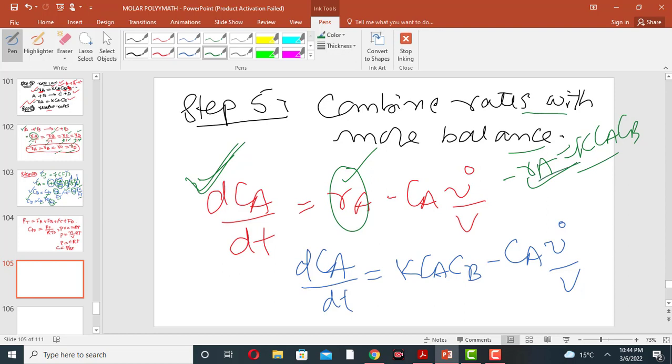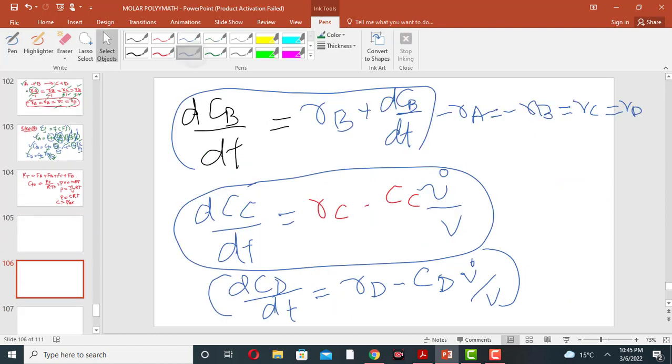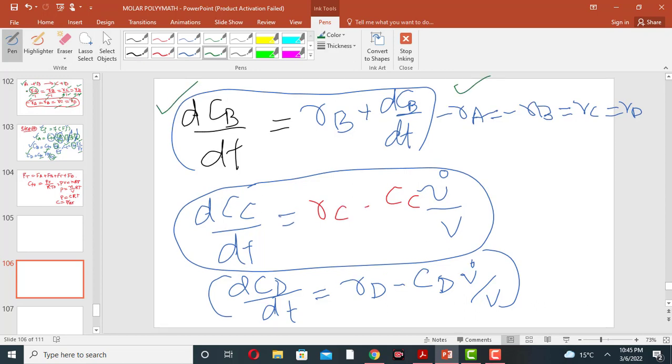So in place of RA, we will write minus k into CA CB. Similarly, for component B, this is the mole balance and rate law. And in place of RB, we can also write it.